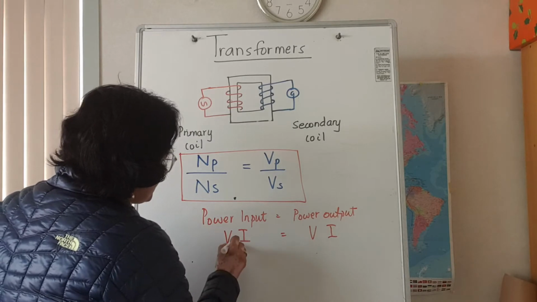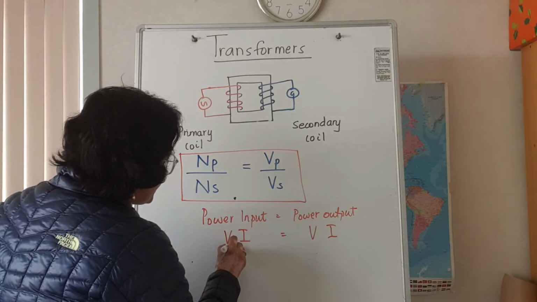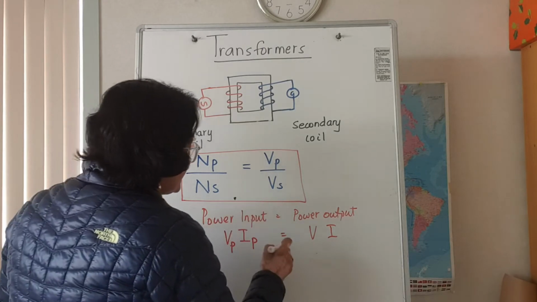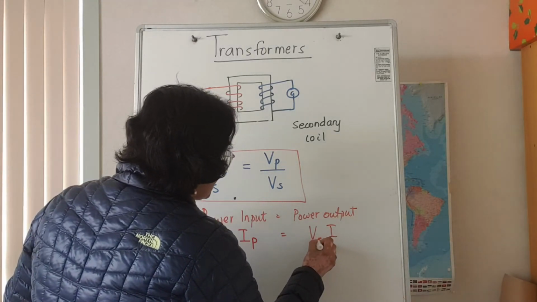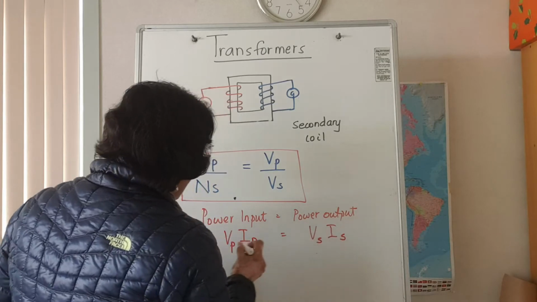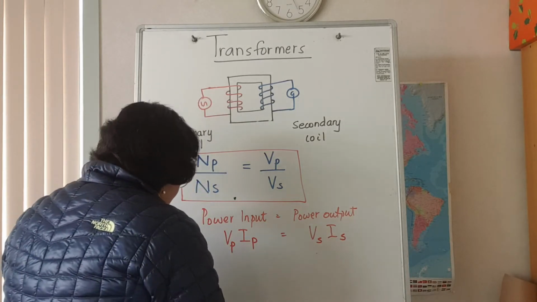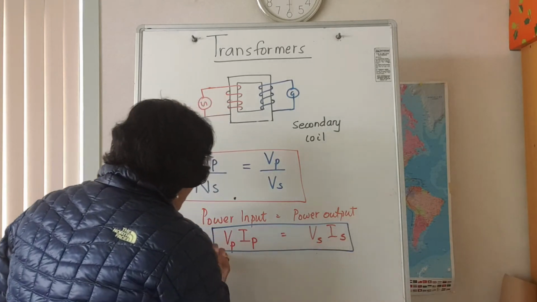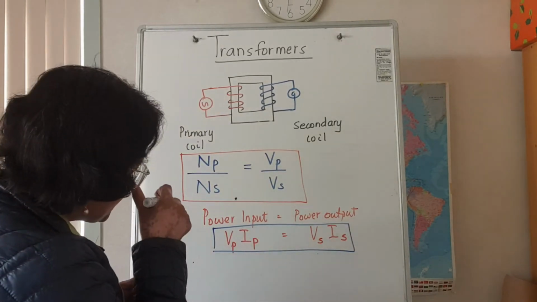So the voltage of the primary times the current through the primary is equal to the voltage across the secondary times the current through the secondary. This is what happens for an ideal transformer: power input equals power output.